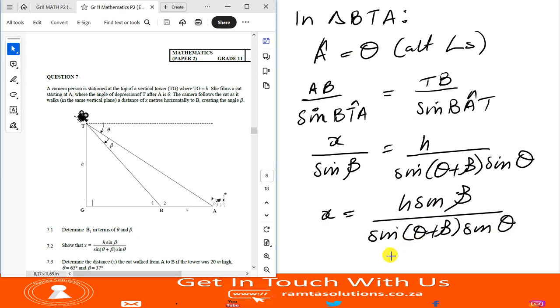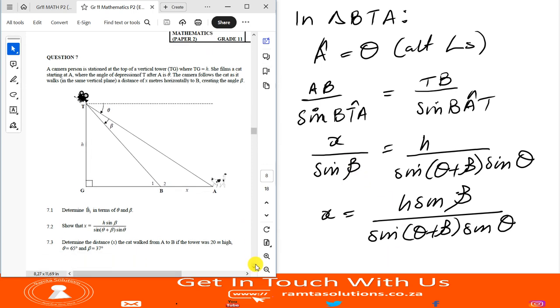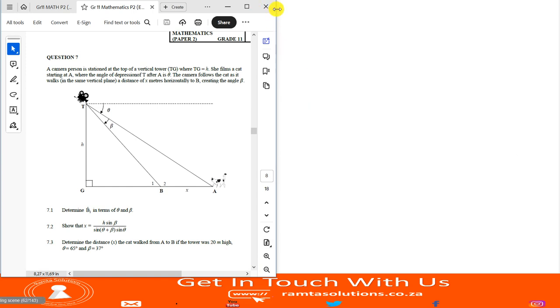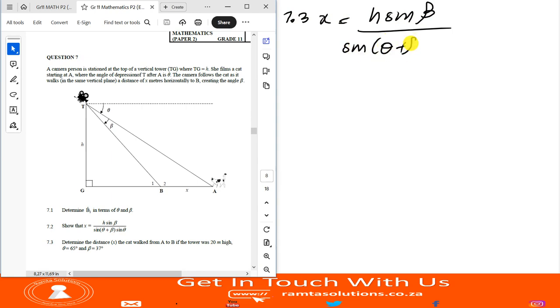Now, proceeding, the question says, determine the distance the cat walked from A to B, if the tower was 20 meters high. Let me go to the next page. So 7.3, determine the value of X. What was X? We said X is H sine beta over sine theta plus beta, sine theta.